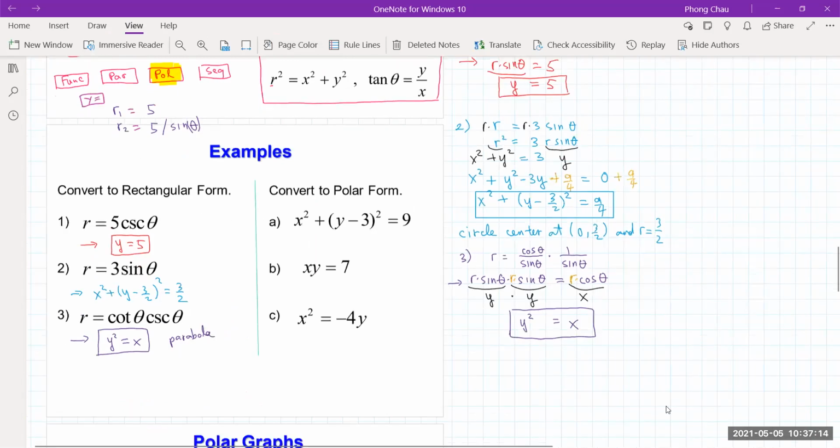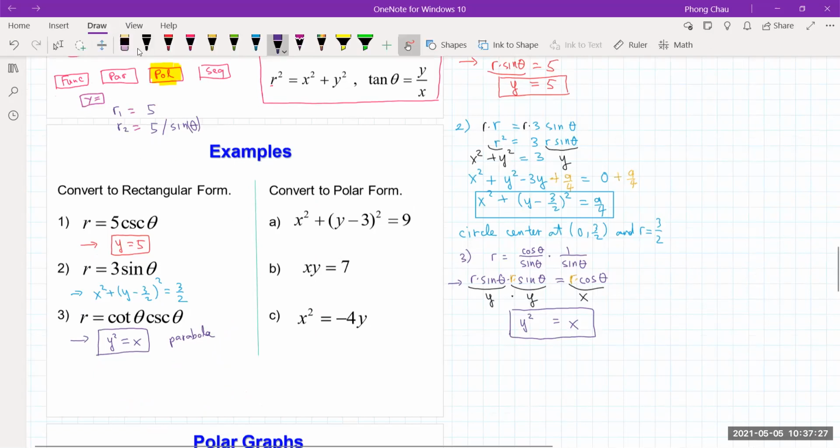Okay, so zoom out a bit. Now I want to convert to polar form, right? So look at the equations A here, from the equations A.